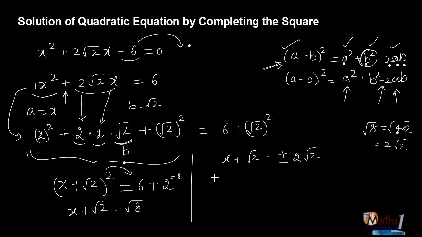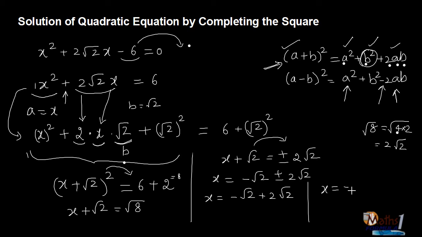So what will be the final value? X equals, if I transpose it to the other side, minus root 2 plus or minus 2 root 2. So the two solutions are x equals minus root 2 plus 2 root 2, and another one, x equals minus root 2 minus 2 root 2.